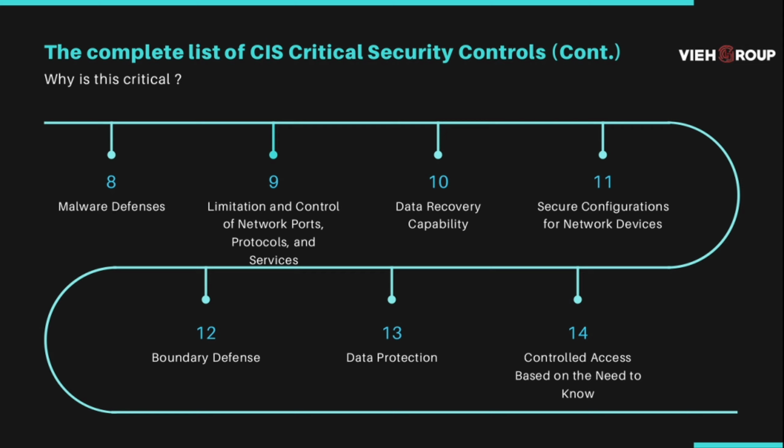So basically, as you all know, an organization must establish, implement and actively manage the security configuration of network infrastructure devices such as routers, firewalls and switches. Why is this critical? Because just as with operating systems and applications, the default configurations for network infrastructure devices are geared for ease of deployment, not security.